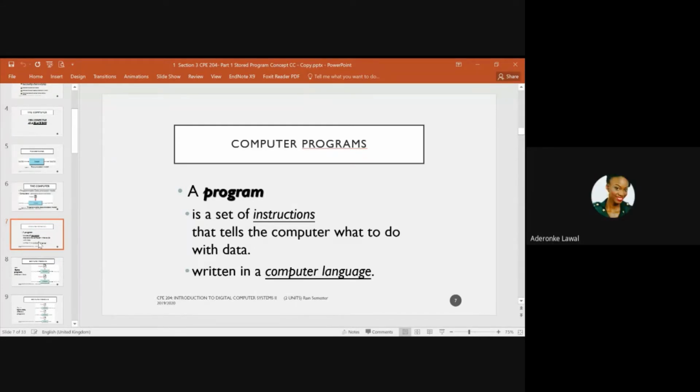Oh, great. Okay, so we're talking about programs. What's a program? I'm sure you know programmers. You might be a programmer, so this should be easy for you. A program is a set of instructions that tells the computer what to do with the data. It is written in a computer language, and that's why you might be a programmer. You might know Java. Somebody else might know C Sharp, and so on.